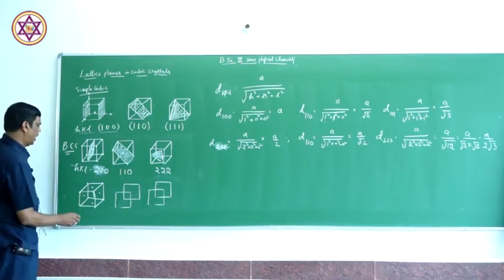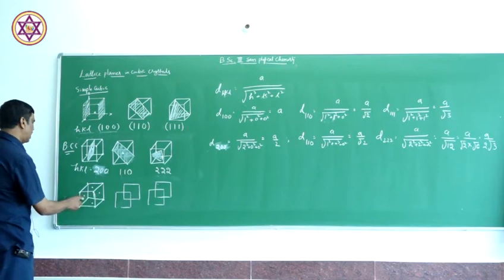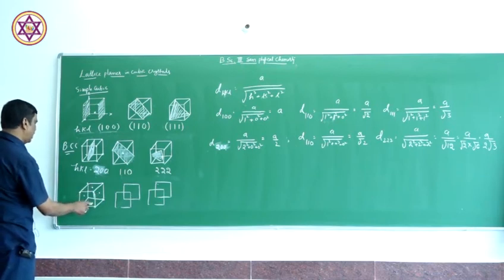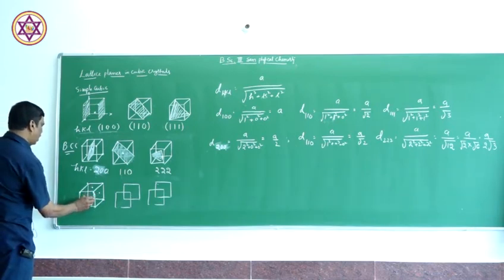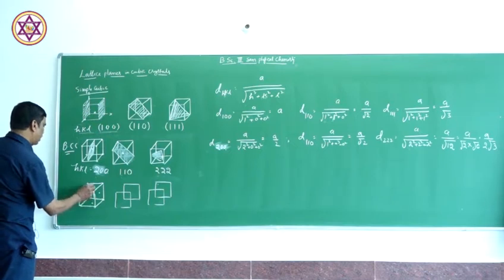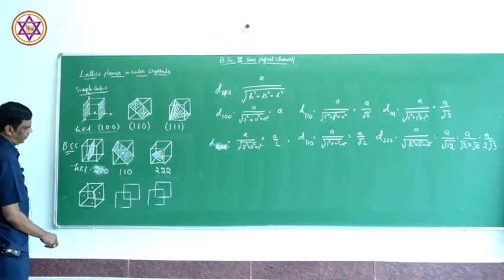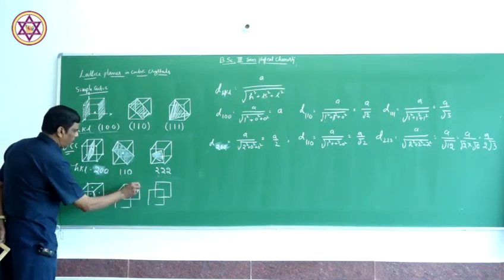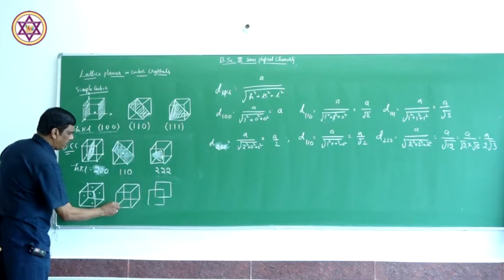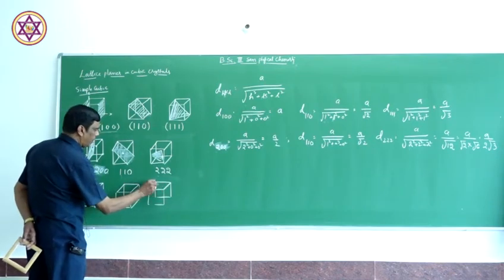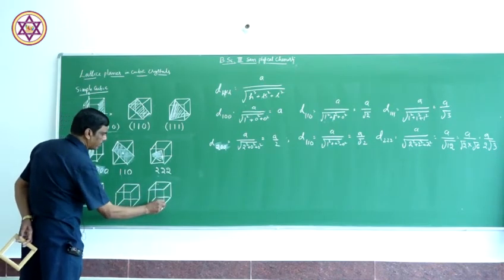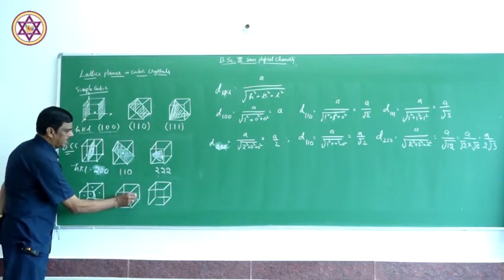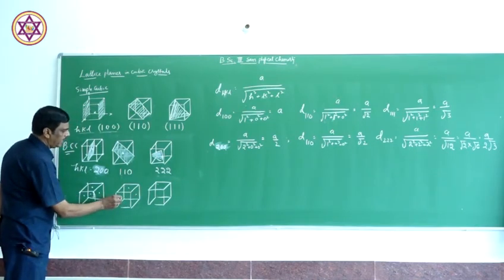This is one face, this is another face, another face, another face. So, in the face centered cubic lattice, apart from the corners, there are centers at the faces.